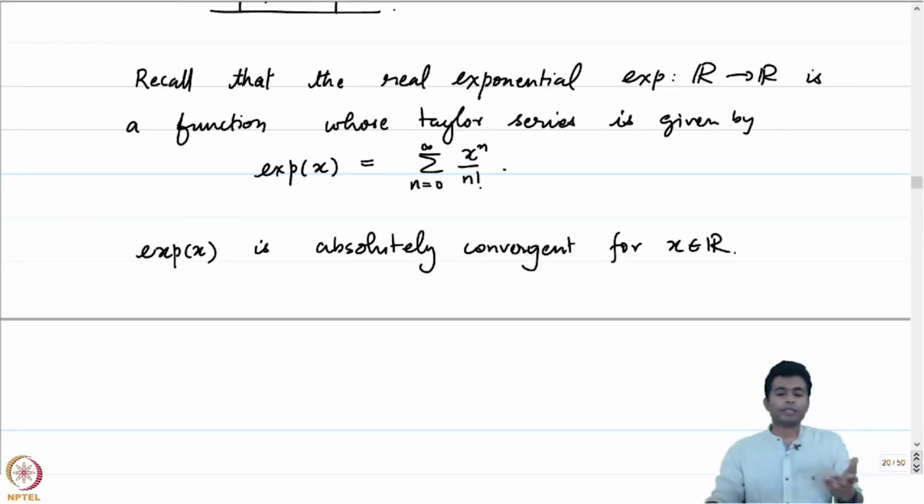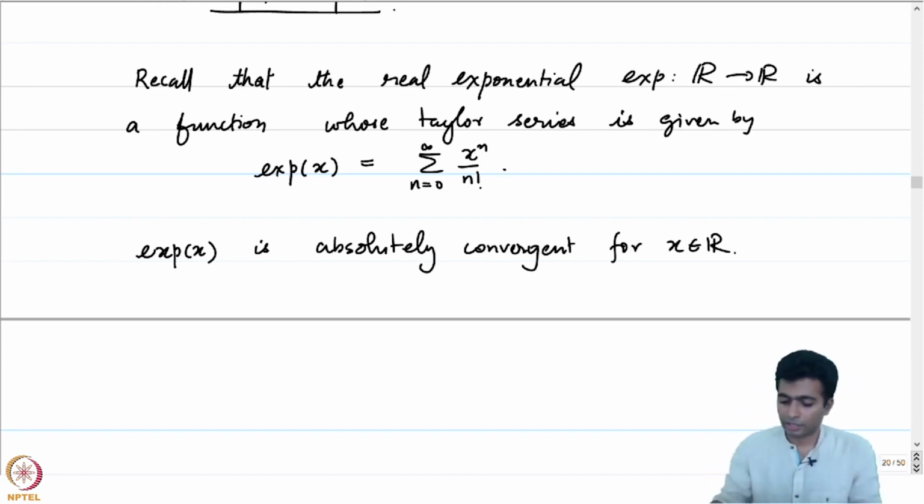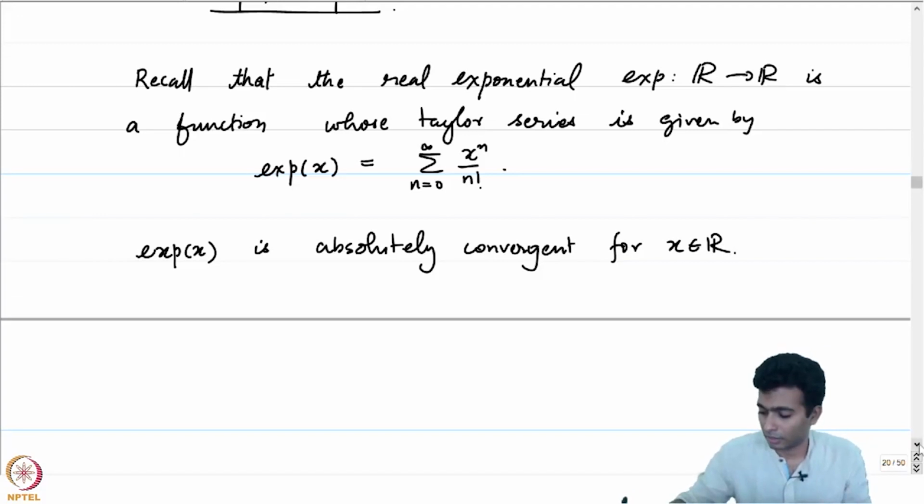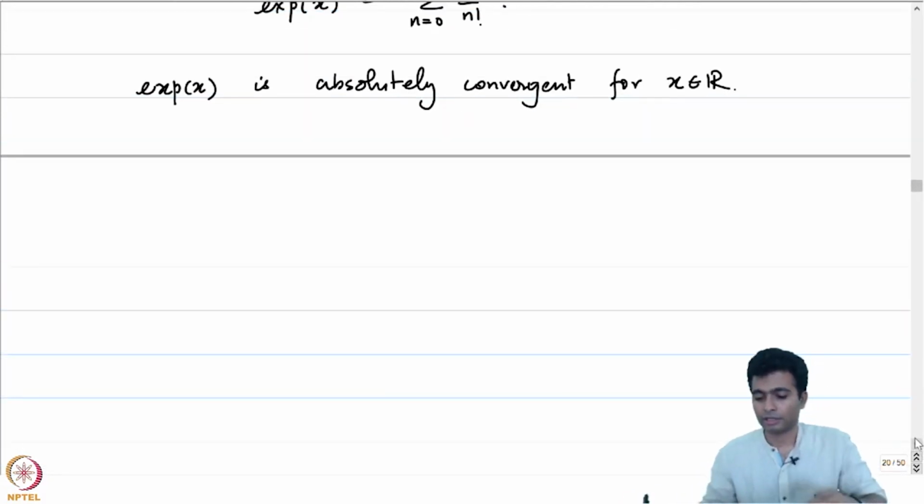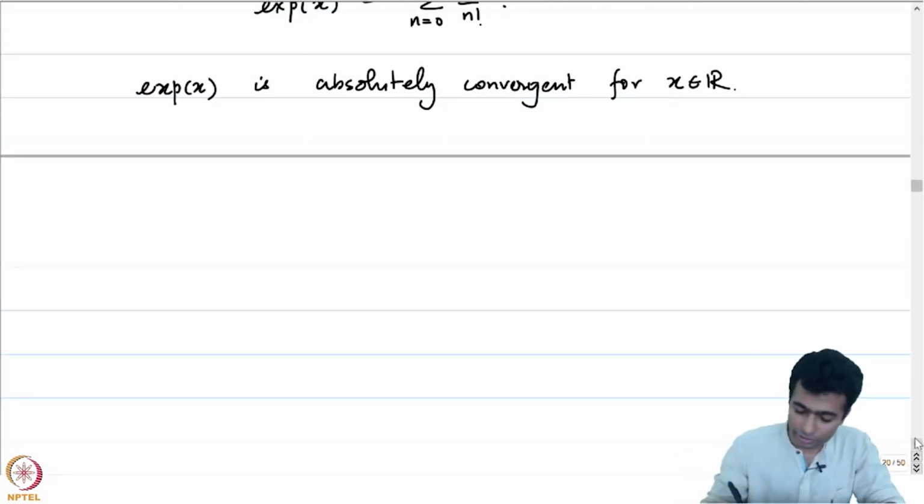Let us define the complex exponential by mimicking this Taylor series expansion, as a series very similar to this.